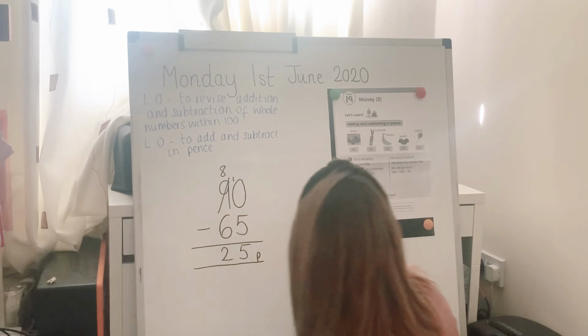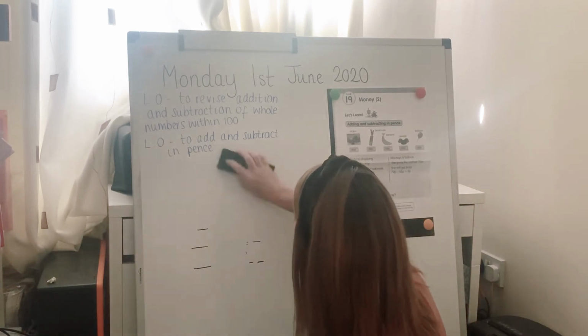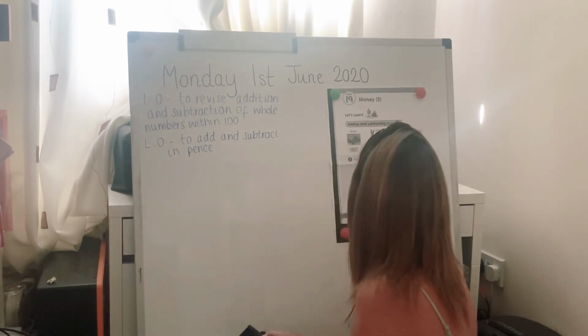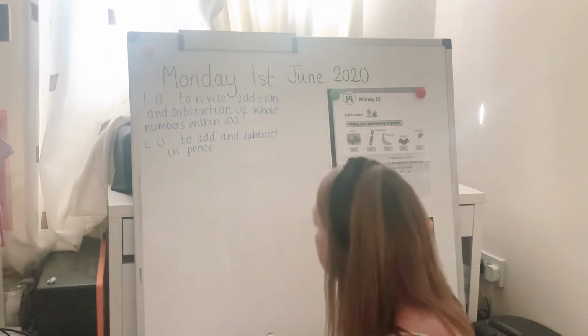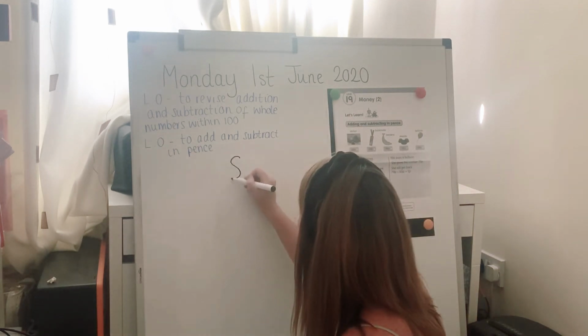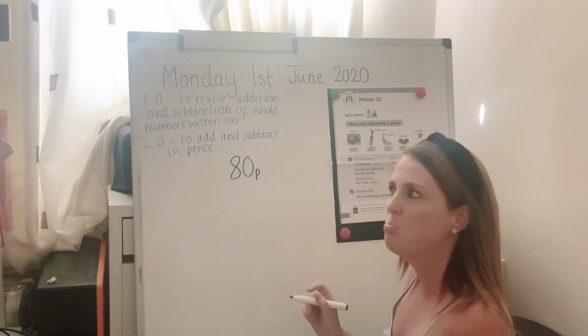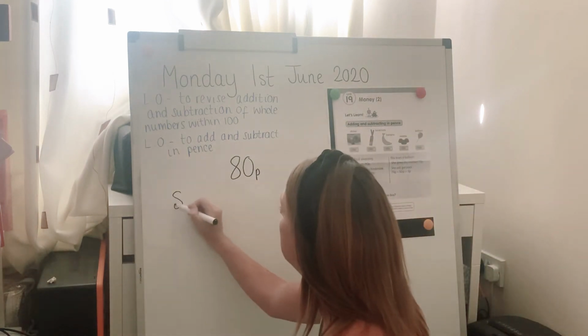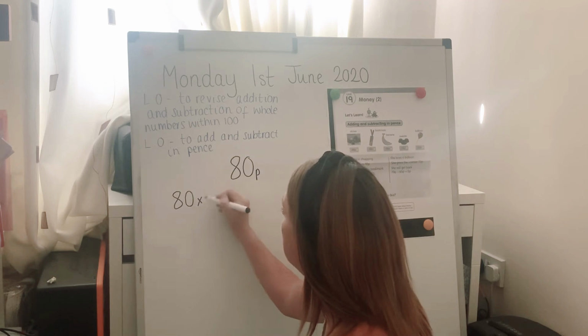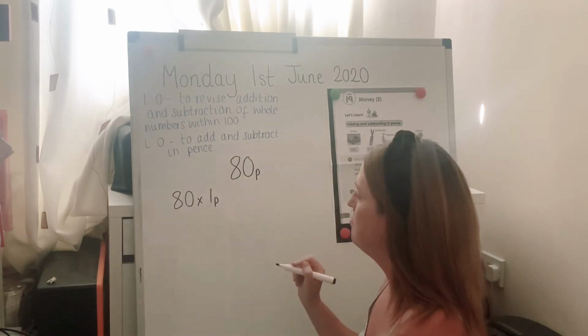Let's have a look at number 2 together. So number 2 says you have 80p. How could I make 80p? I could have 80 1p's.